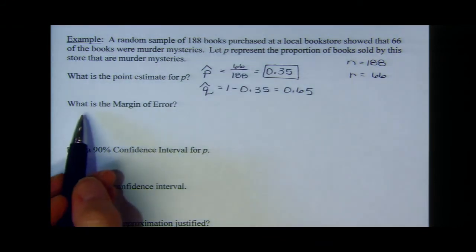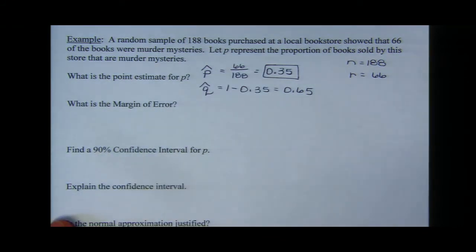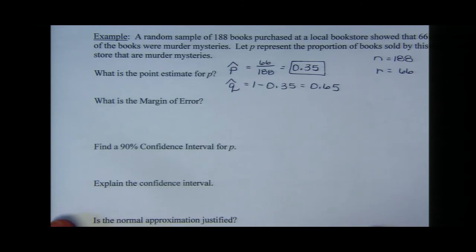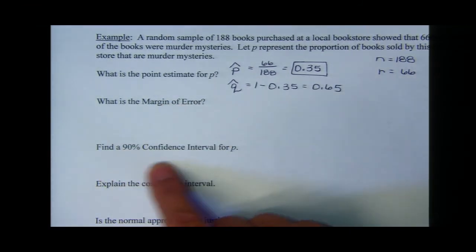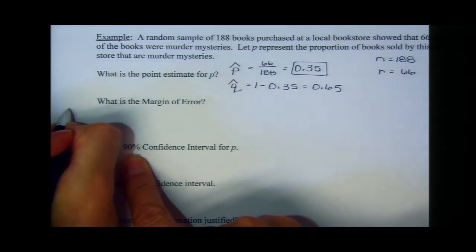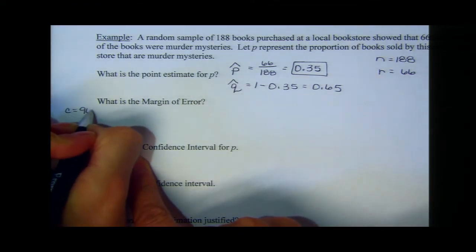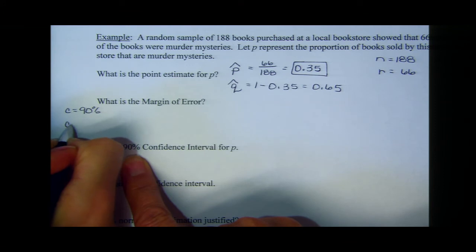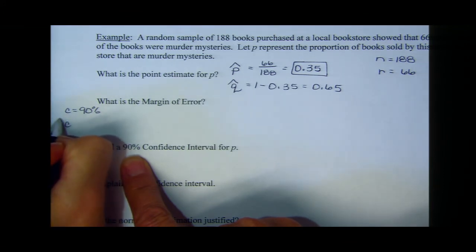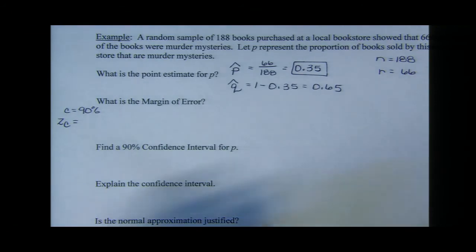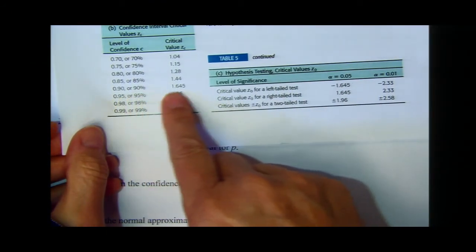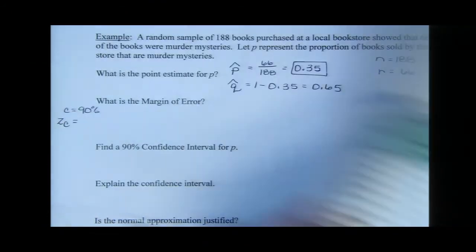Now it wants to know what is the margin of error. Well, in order to find the margin of error, I need to know how confident that I am. So in this particular problem, I have to look down here and it says to be 90% confident. So I want Z sub C. So 90%, 1.645.